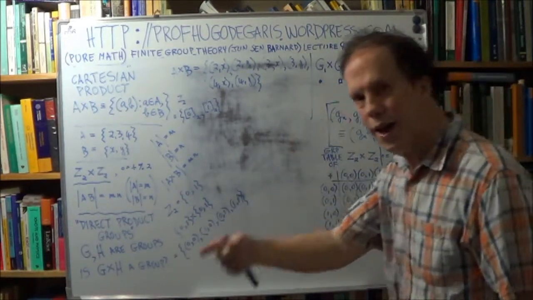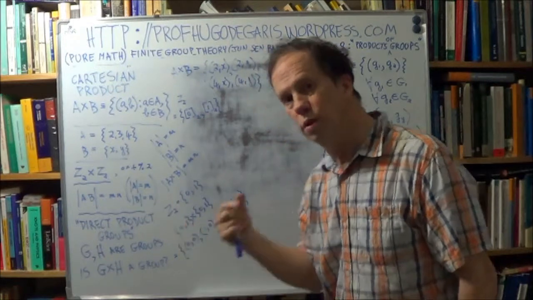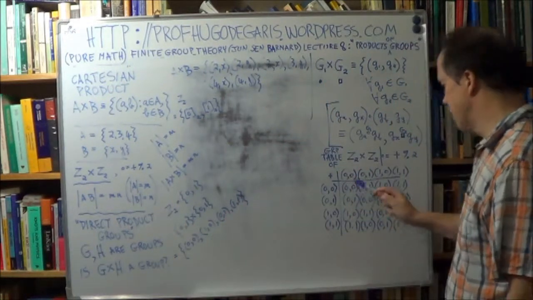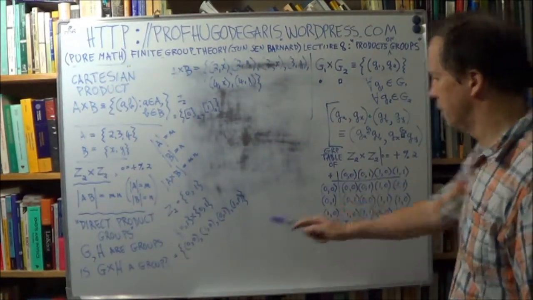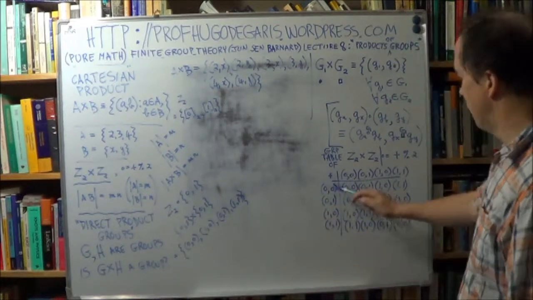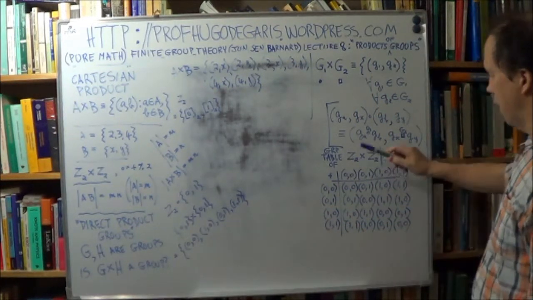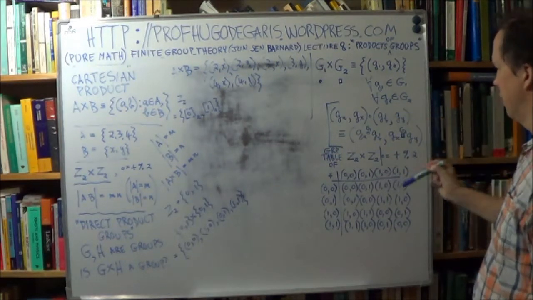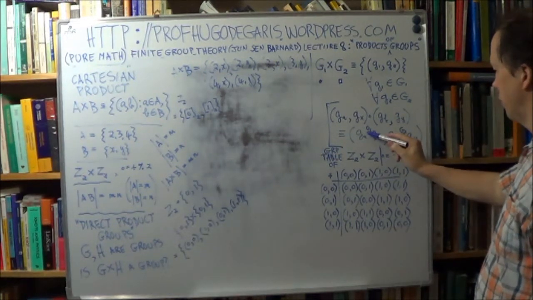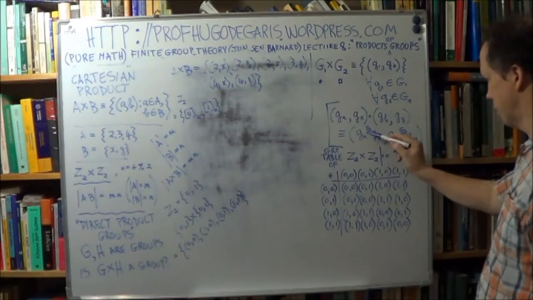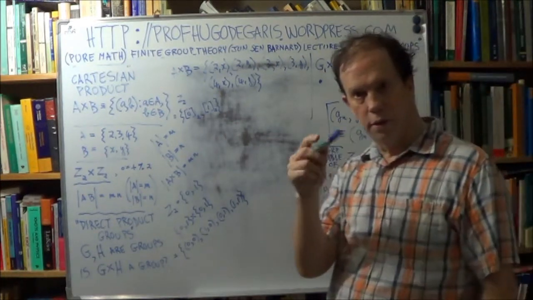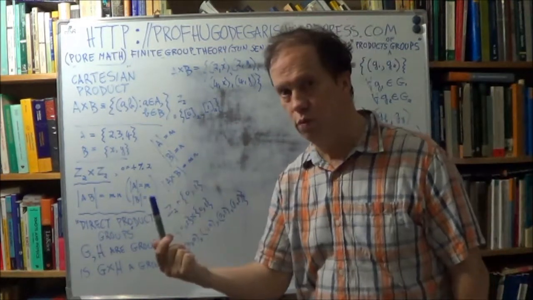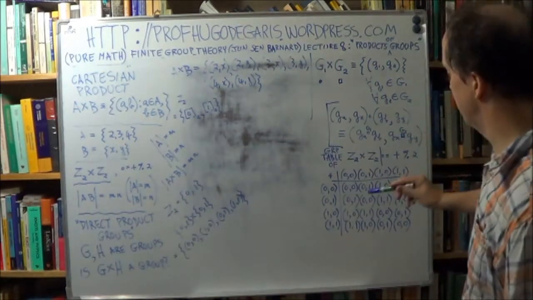We just add mod 2. So here are your four members, and here they are again. Then you apply this rule, and this binary operator is the same in these two cases; you just add mod 2.